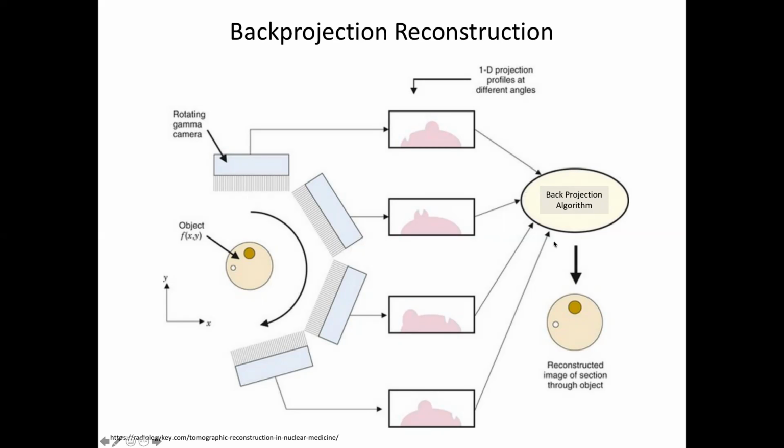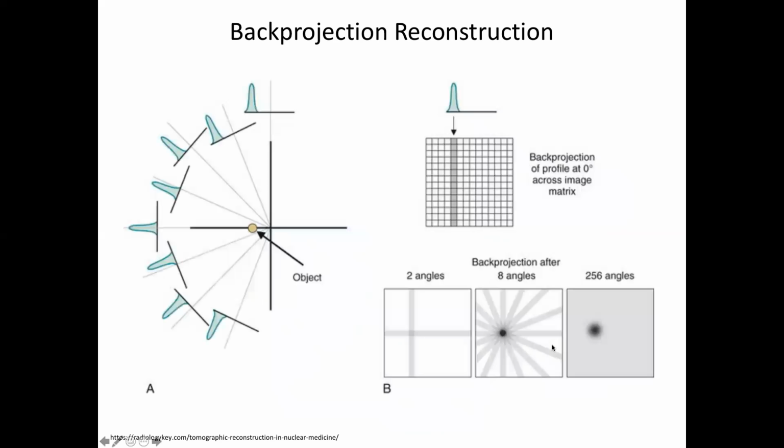So these different views are fed into a back projection algorithm to give you this image. When you have a single point, it's easy to understand why back projection works. If I know a priori I have a very small object, I really only need 2 views, and it'll tell me where that object is in the plane, right?